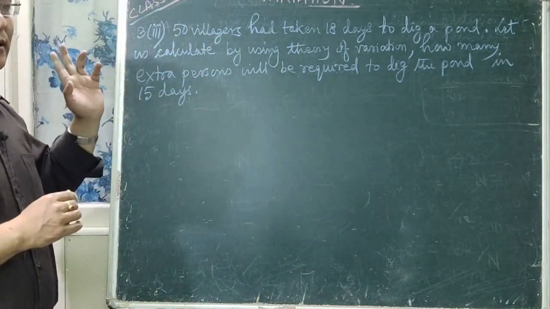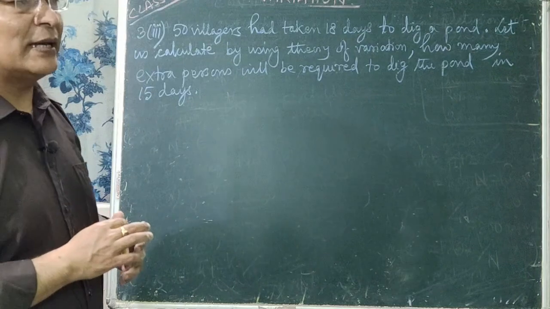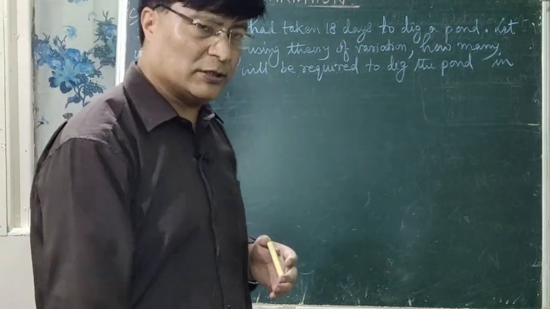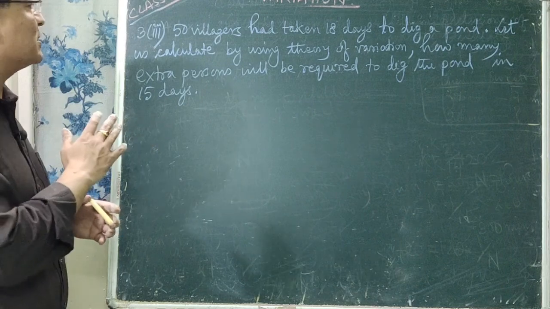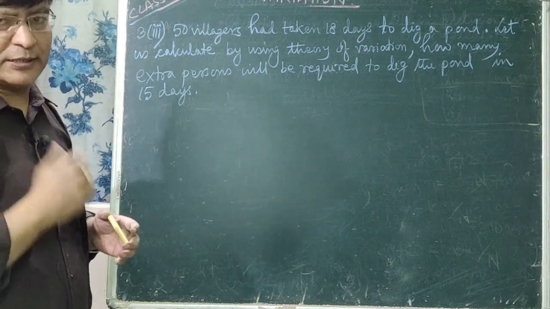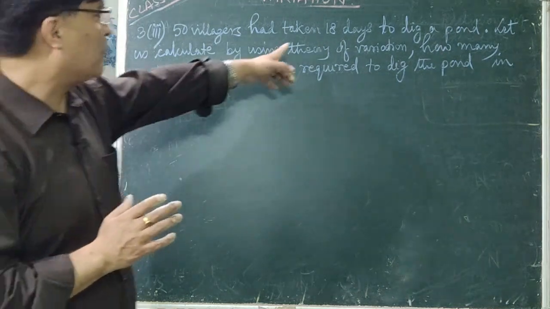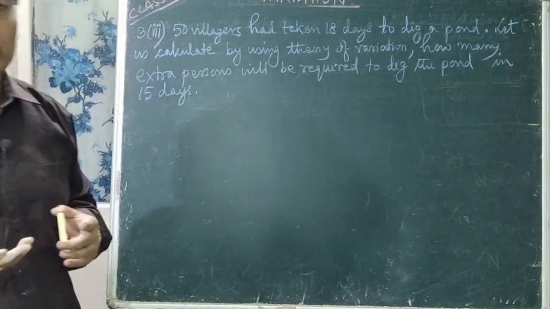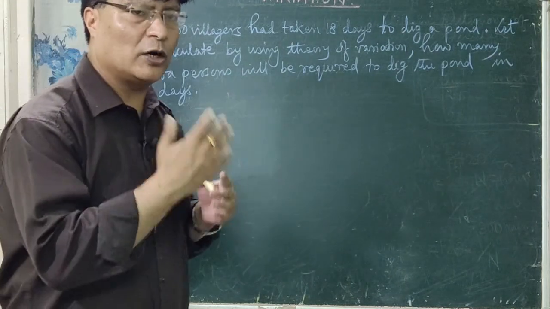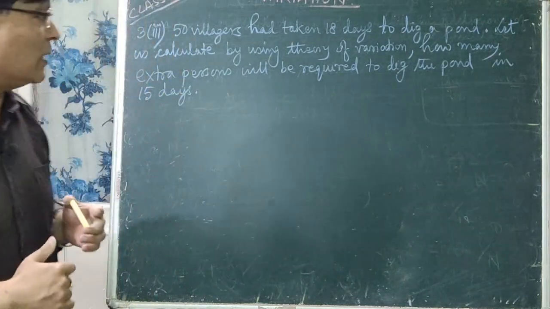त यहाँ भन्दैछ 50 villagers had taken 18 days to dig a pond. ओके, त 18 दिनमा 50 जना भिलेजर्सहरुले काम सक्छ, कुनै एउटा पोखरी अथवा कुवा खन्न सक्छ, हैन?